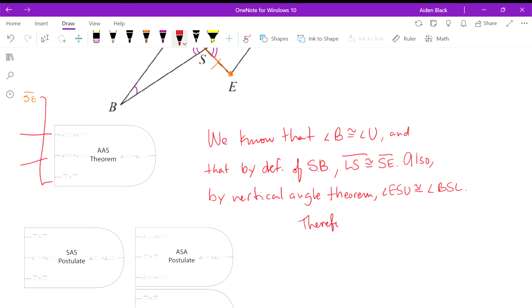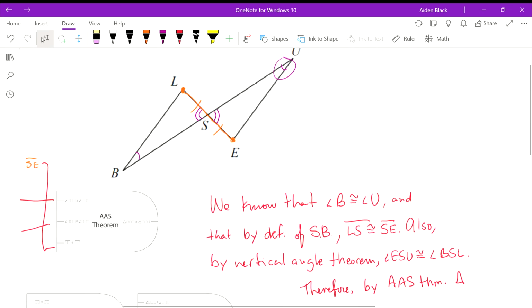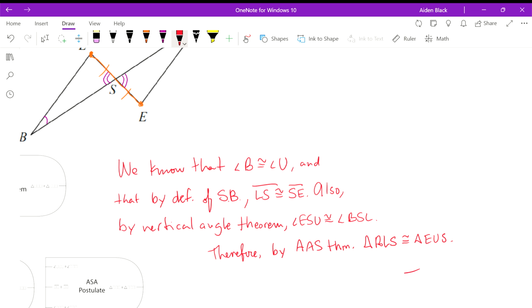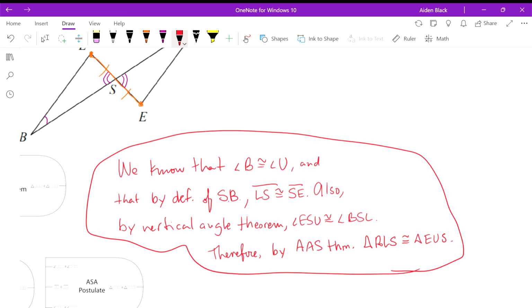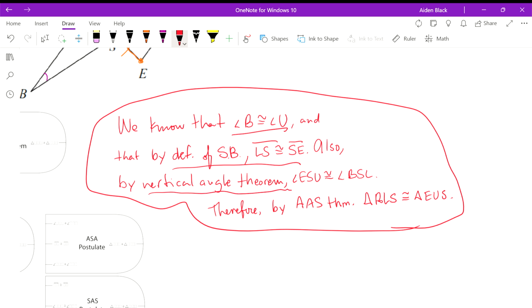Therefore, by angle-angle-side theorem, triangle BLS is congruent to triangle EUS. So this is the kind of statement we want to write. Tells us what we're given right here and here, and then also which theorems we use to show what else is provided via the picture.